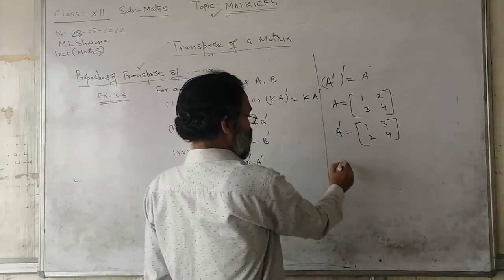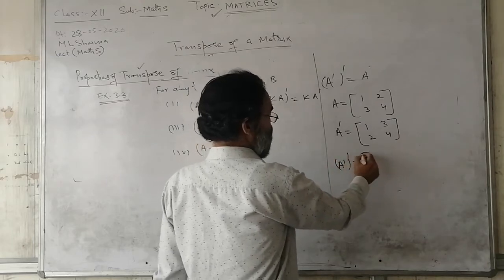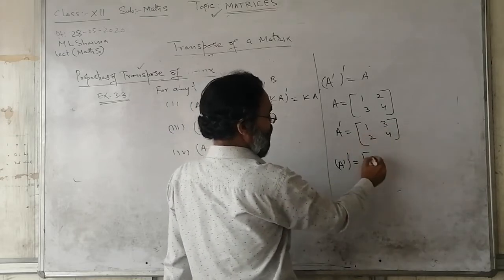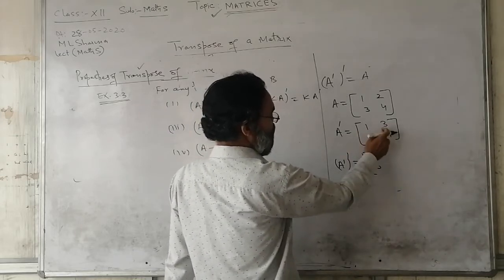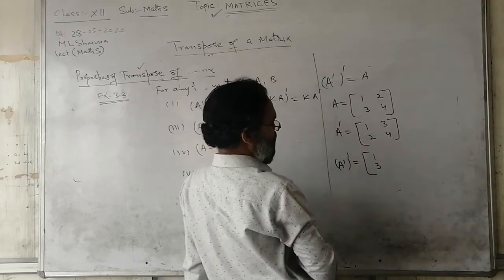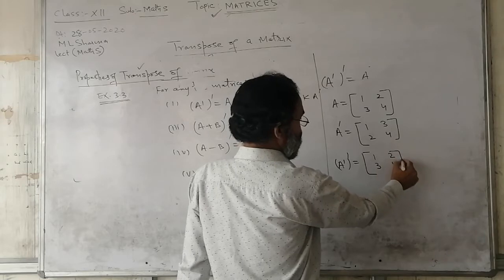Now if I have to take the transpose of the transpose, that means again I will have to change row into column. So this will be 1, 3, 1; the first row changes into the first column, the second row into the second column.